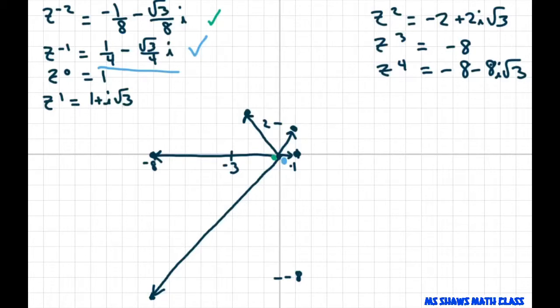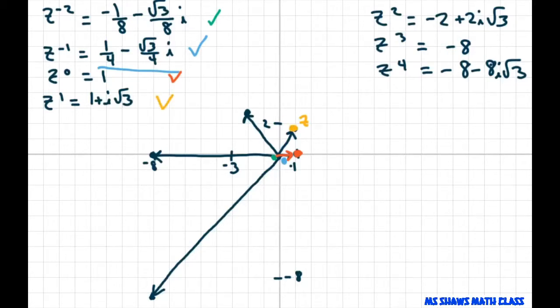Then we have z to the 0 power right here. And z to the first power, 1 plus i square root of 3, is right here. Right about there.